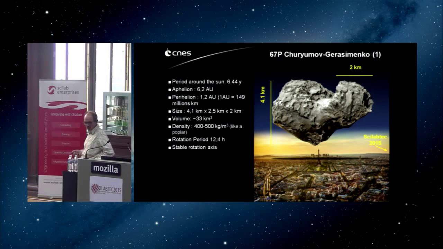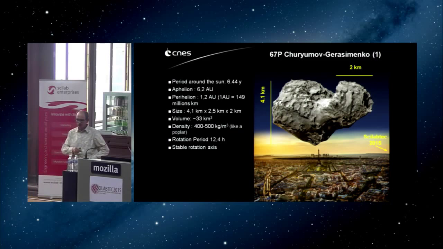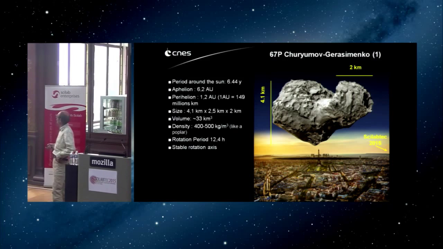The comet is orbiting the Sun in about 6.4 years, and the aphelion, the distance which is furthest from the Sun, is about 6 astronomical units, and the perihelion that we will reach in May is about 1.2 astronomical units.